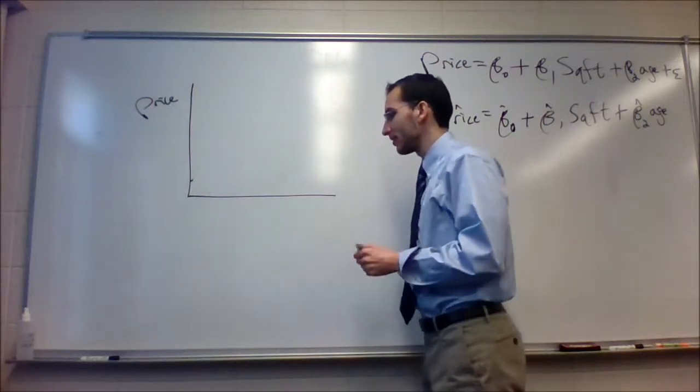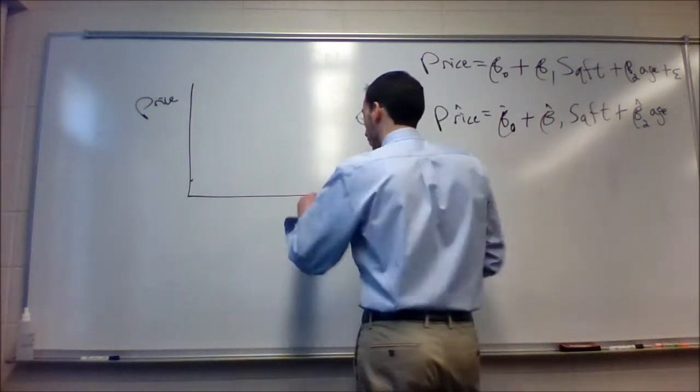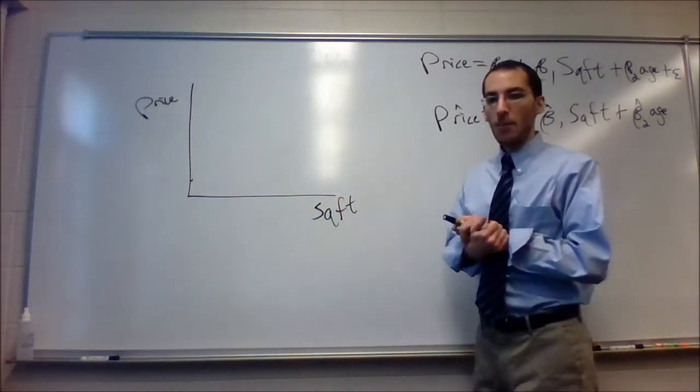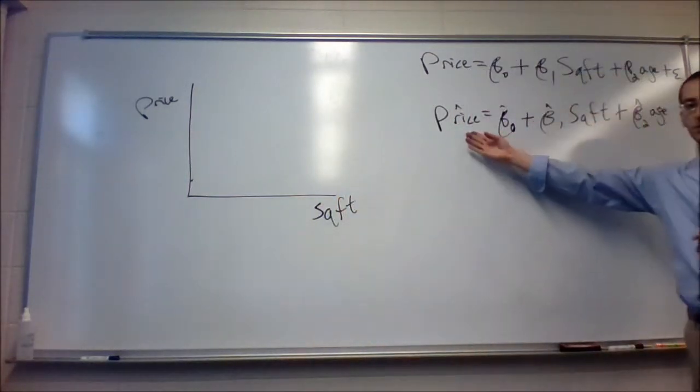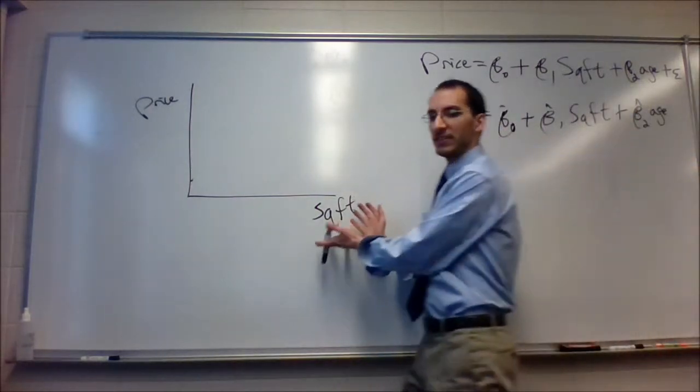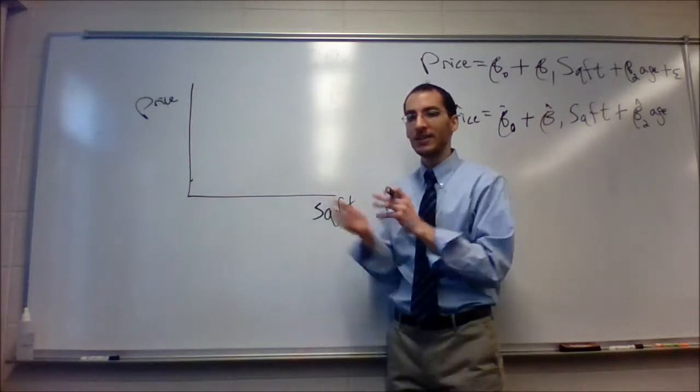And the reason is this. Great, let me put square feet on here. But in order to get my observations, I need a square feet and I need an age. How do I fit square feet and age on here?